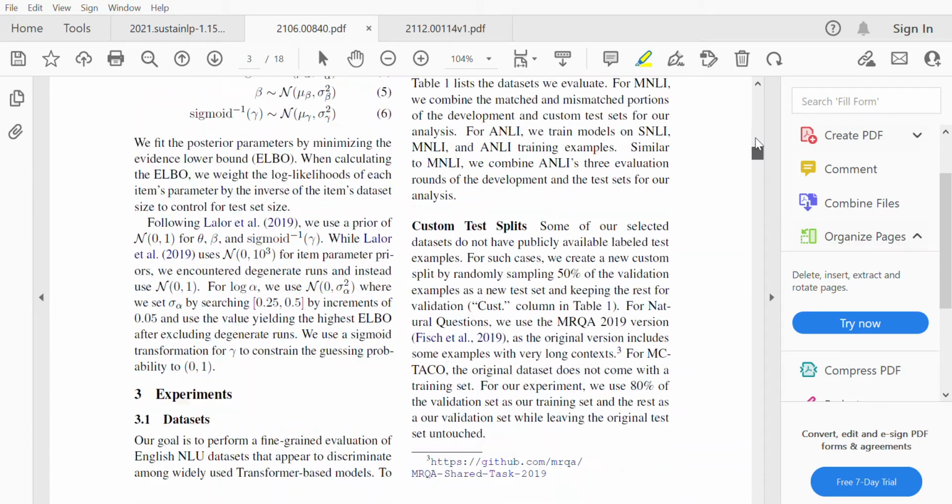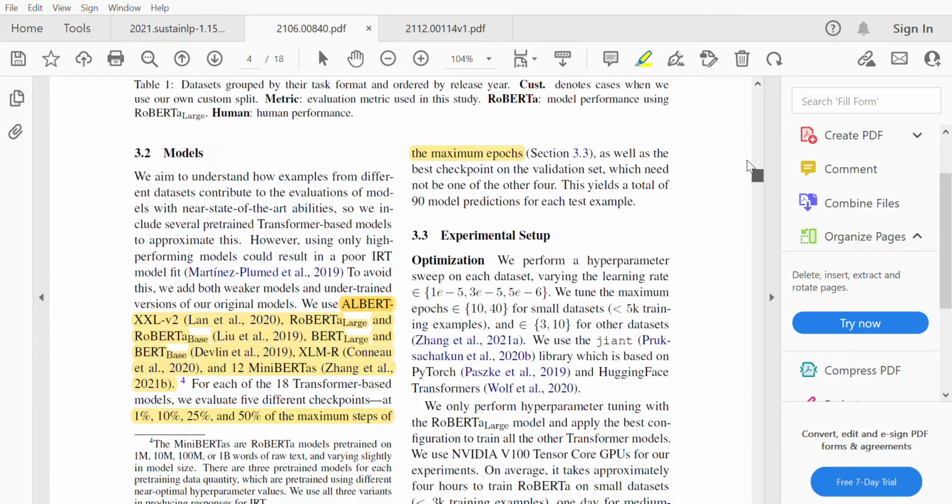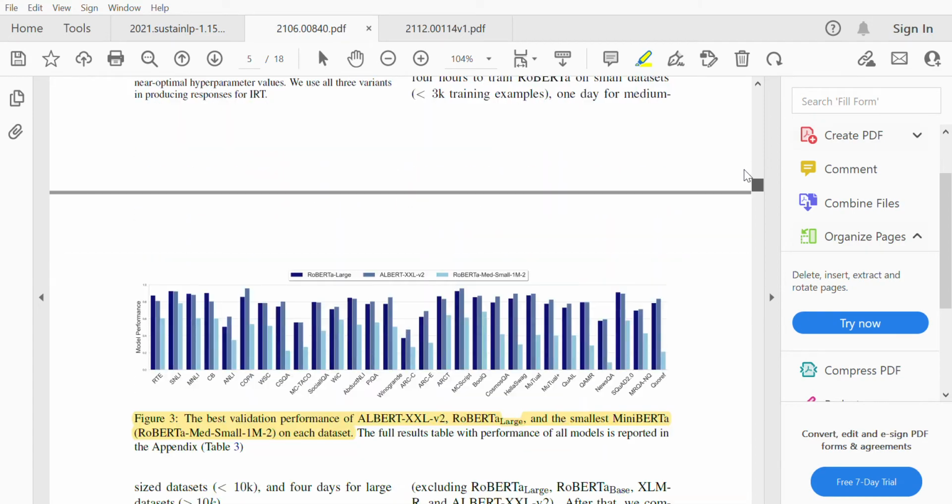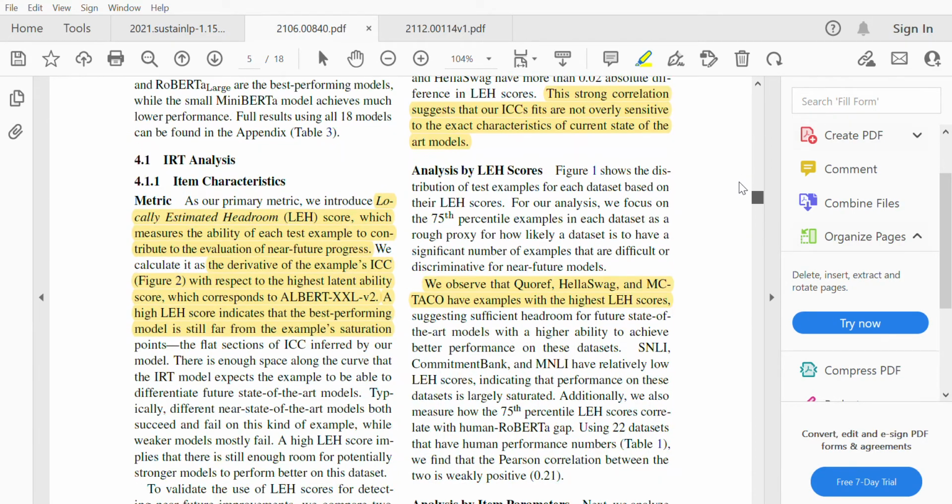The next thing that they get into, which I definitely want to touch on, is how they actually understand item characteristics. So they have this locally estimated headroom score. This measures the ability of each test example to contribute to the evaluation of near future progress.